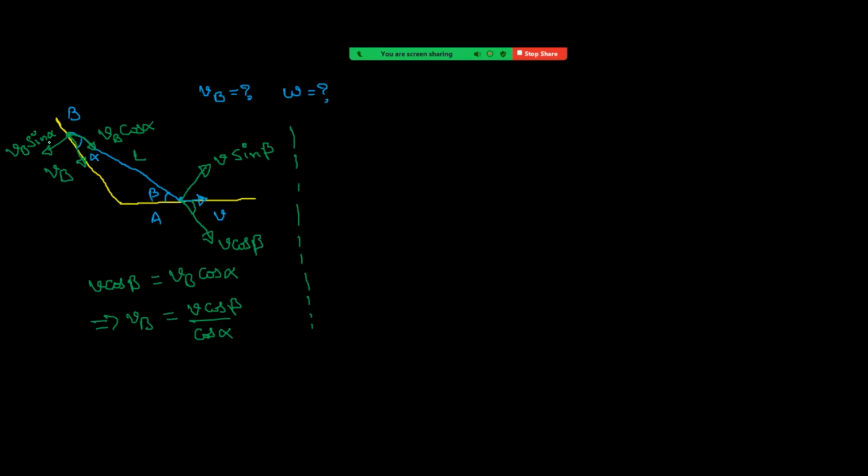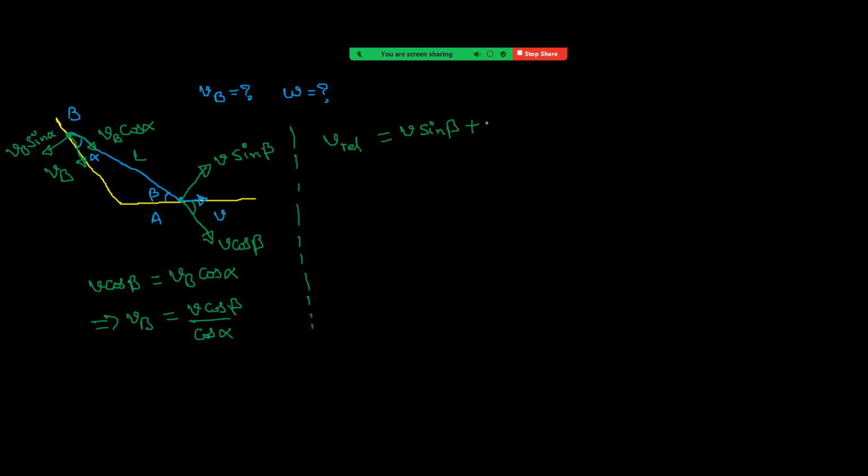And you can say these two are opposite. So the relative velocity is equal to V sin beta plus... plus means if this is positive, this will be negative. Then minus of minus becomes plus.